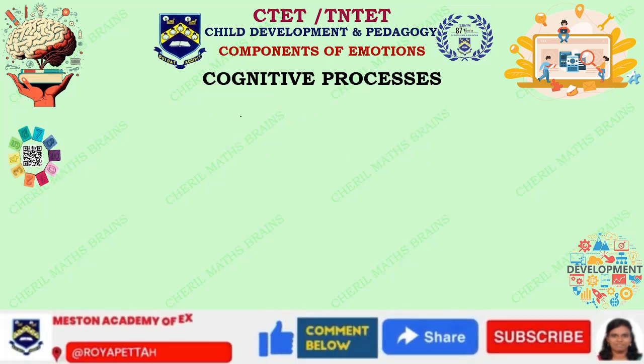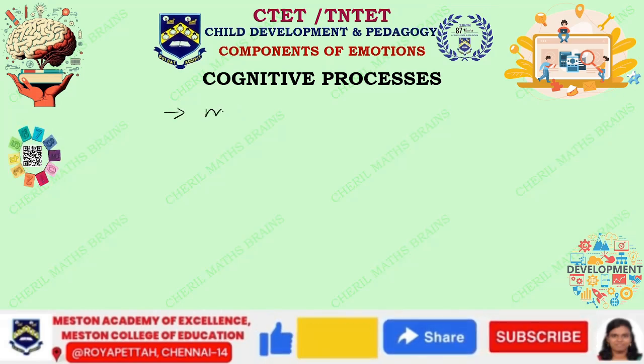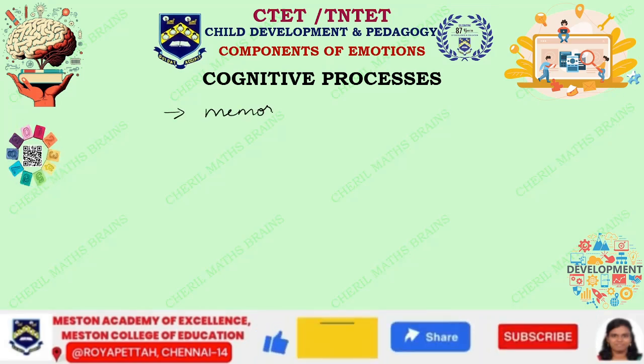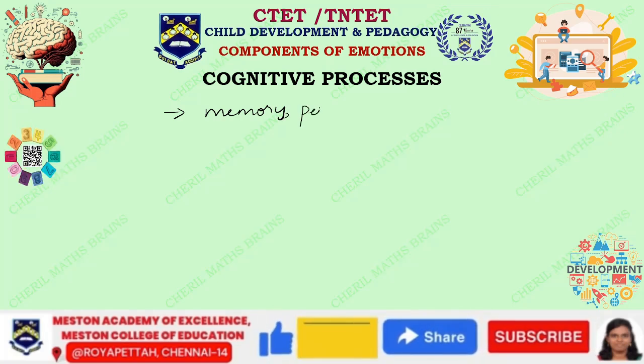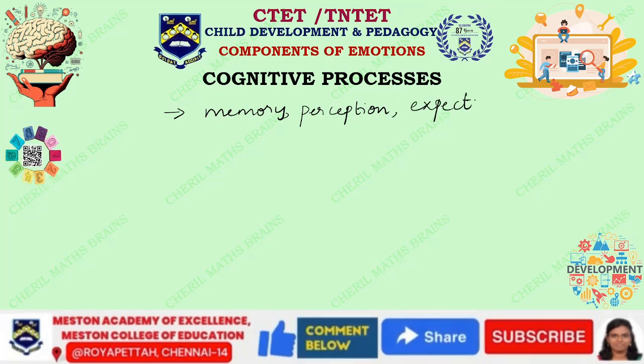The next one is the cognitive process. The cognitive process relates to the mind. It includes memory and perception, that is, what you think about others, what you feel about a particular event or thing, your expectations, meaning what you expect from others, and your interpretations.